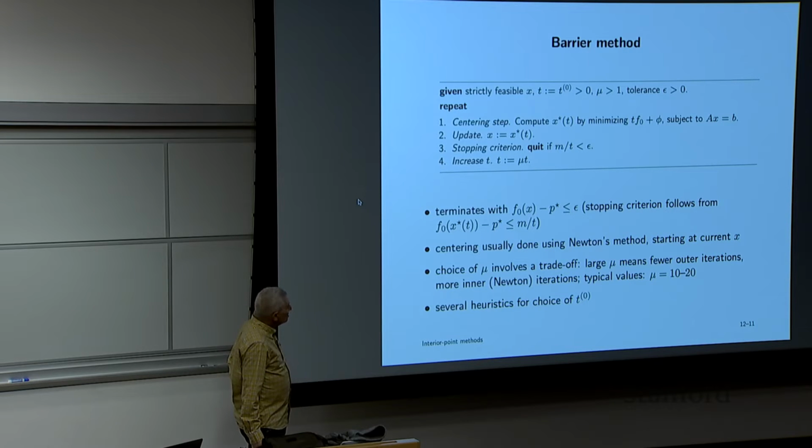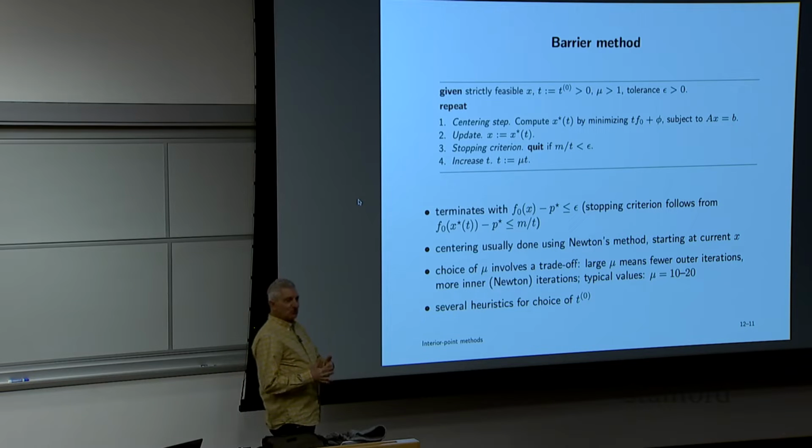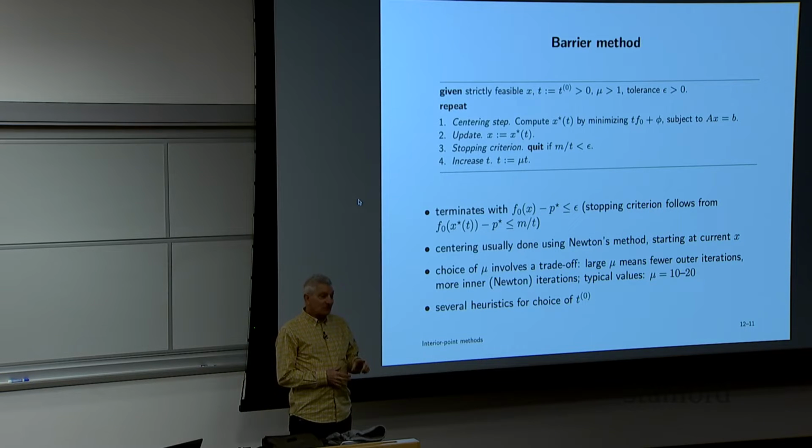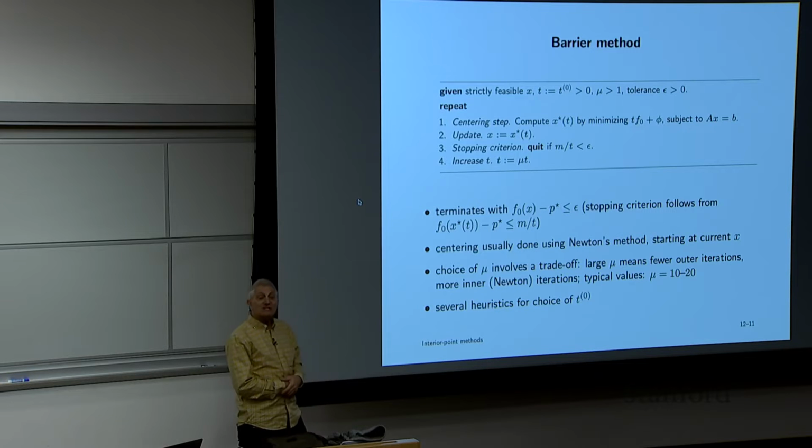Since the gap is m over t, mu tells you how much you are going to tighten the gap requirement in the next step. If mu is like 1.05, the argument is you just calculated the analytic center at this point. When you increase t by 5%, it hasn't moved very far. Another way to say it is you're just about to solve a problem that's very similar to the one you just solved. And in fact, it's going to take 1 or 2 Newton steps. Okay?